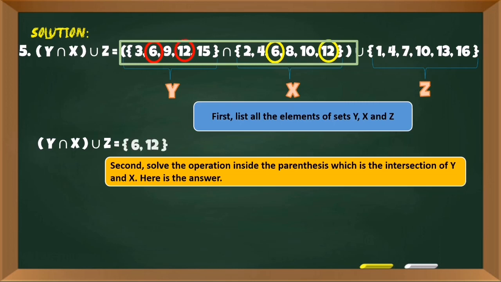So Y intersection X, which is the operation that can be found inside the parenthesis, is equal to the set that contains 6 and 12.